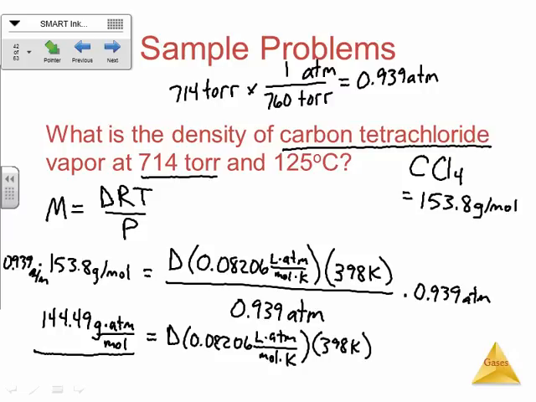So what we're going to end up dividing this side by is 32.65988. And again, we'll round at the end here.